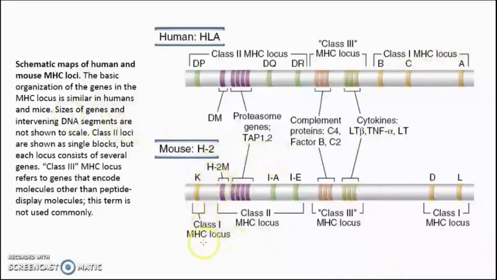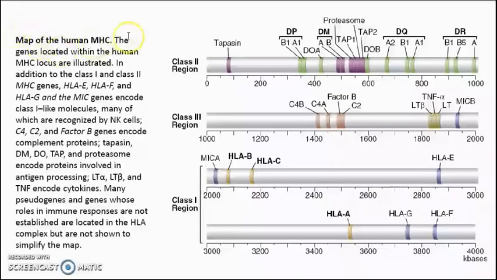Here is the class 1 MHC locus, and the other main class 1 MHC locus. This is the class 2 MHC, and here is the class 3 MHC. Here is the map of the human MHC. Here is the class 2 region, which contains DQ, DR, and DP, and class 3, the factors of complement and some cytokines. Here is class 1: HLA-B, HLA-A, HLA-C.